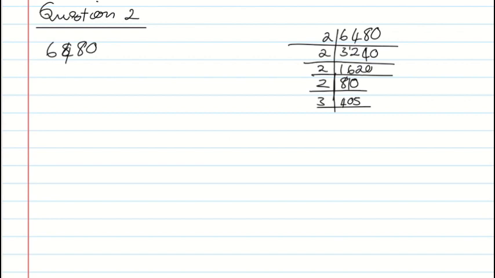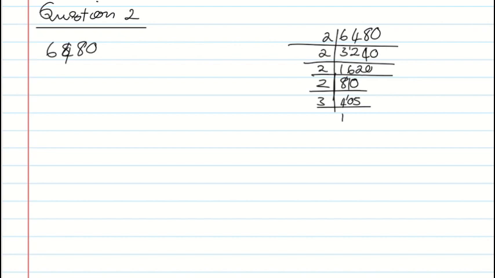So I go to 3, and I ask myself, can this number go into 405? I think so. If we divide 405, let's see, 3 goes into 4 how many times? Once, all right? We write down the 1. But if I say 1 times 3, there's going to be a remainder of 1.